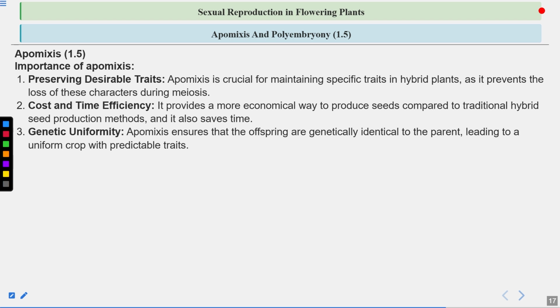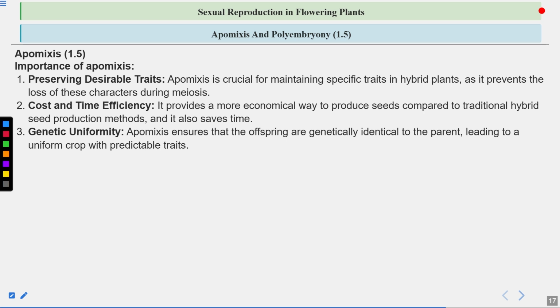Genetic uniformity. Apomixis ensures that the offspring are genetically identical to the parent, leading to a uniform crop and predictable traits. You all know that apomictic seeds have the same genes, same characters coming from the parent plant, right?